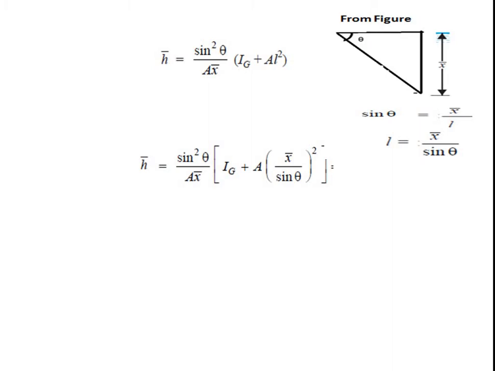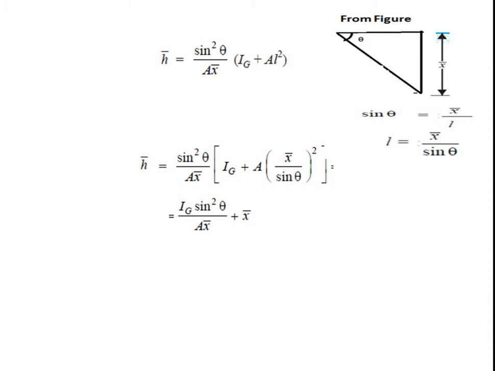Okay. Now multiplying with sin square theta divided by A x bar inside, the first term will be Ig sin square theta divided by A x bar as it is. Plus, when we multiply inside, sin square theta will get cancelled, A will get cancelled, x square divided by x will remain, and that is x bar.